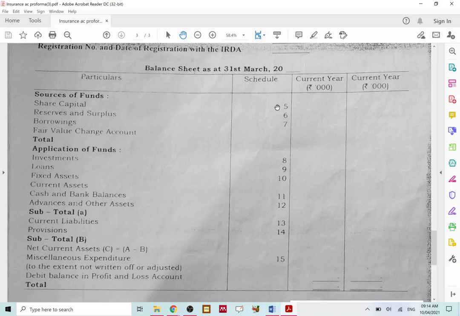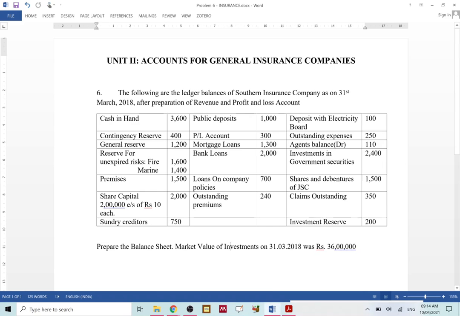So we will try to match this with our 6th problem that we are now going to do, that is in case of Southern Insurance Company, and these balances are given to you after preparing P&L and revenue account. So they've already done the whole calculation.